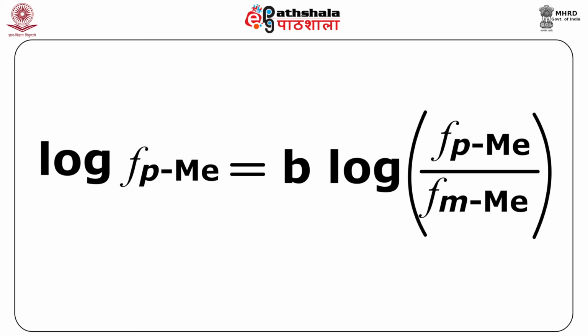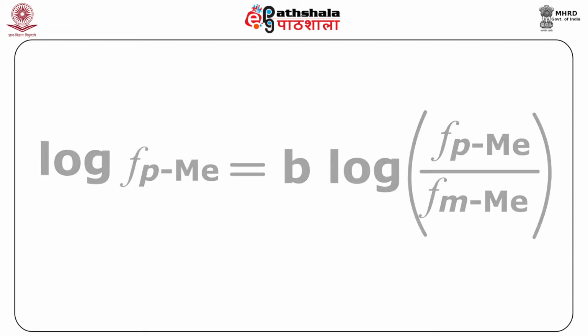This proportionality can be expressed as log f of para-methyl equals B log of f of para-methyl divided by f of meta-methyl, where f of para-methyl and f of meta-methyl are the partial rate factors for substitution at para and meta positions respectively.